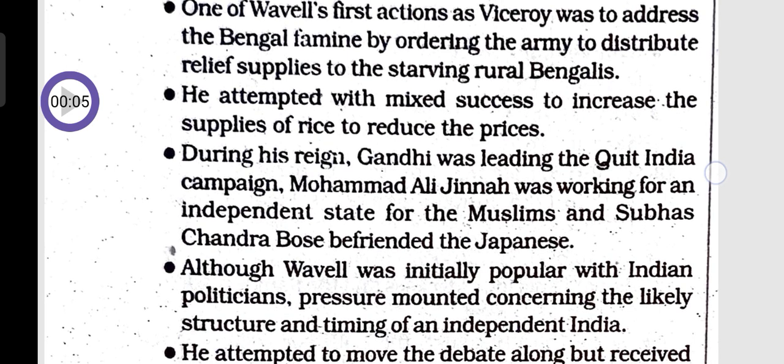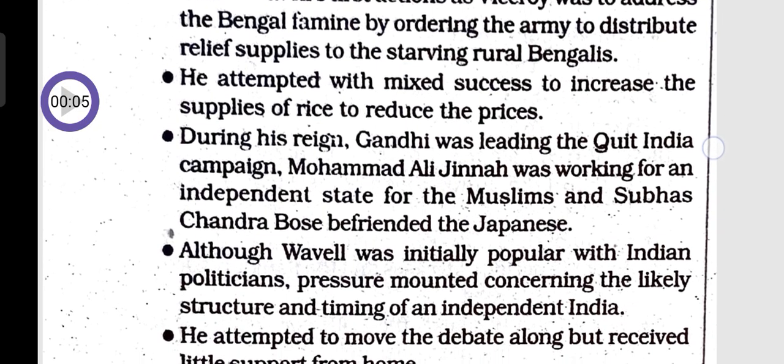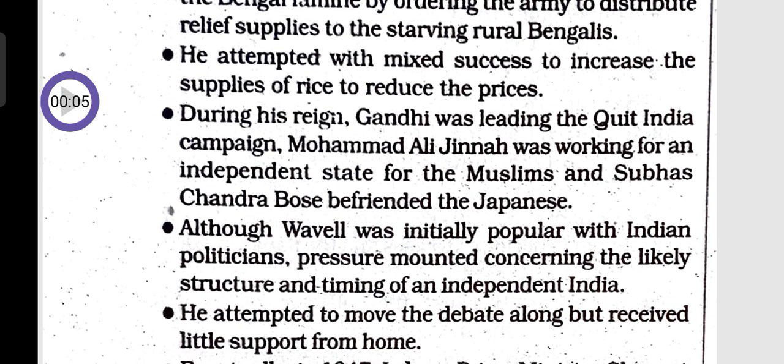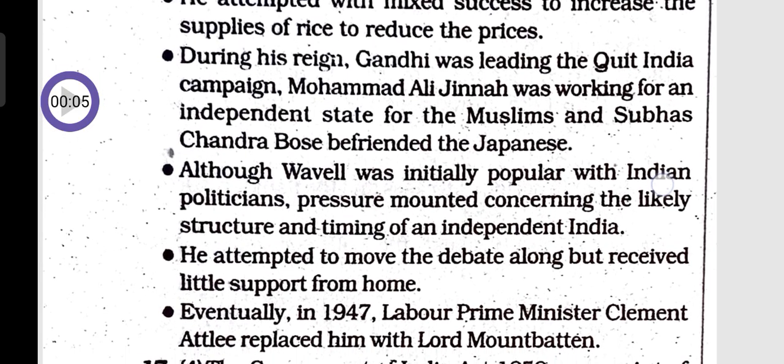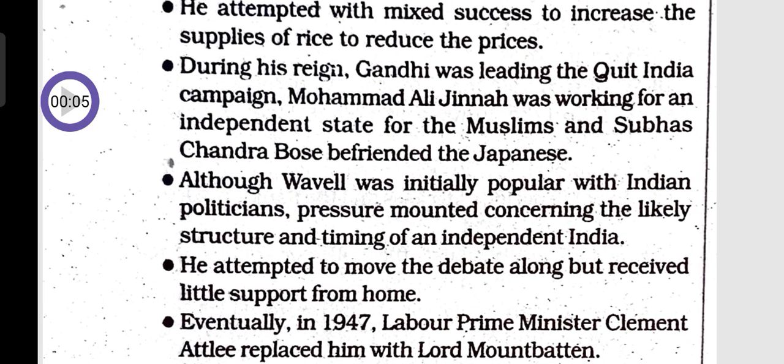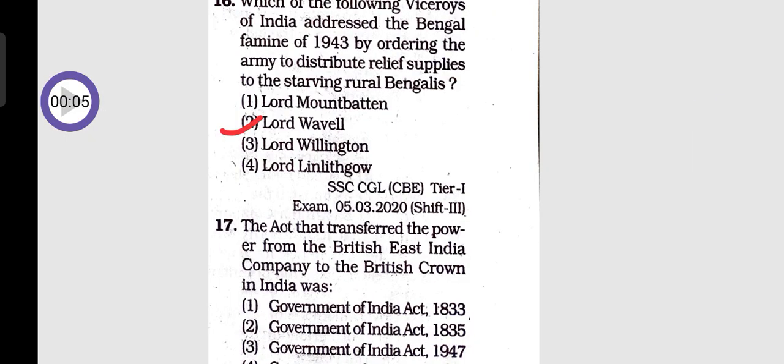He attempted to move the debate along but received little support from home. Eventually, in 1947, Labour Prime Minister Clement Attlee replaced him with Lord Mountbatten. So the answer to question number 16 is Lord Wavell.